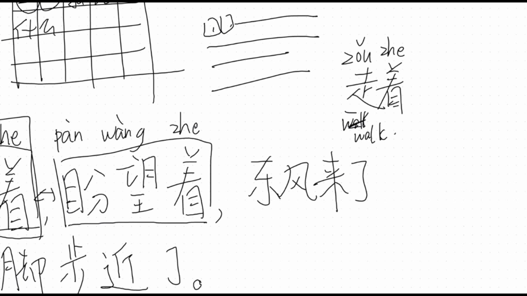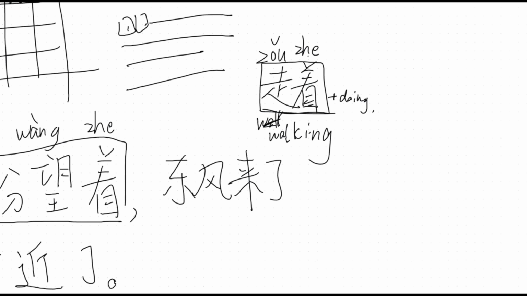Now, do you know what this word means when it's pronounced this way? It's to add doing, right? So 走着 is walking. Sometimes we say 走着走着.